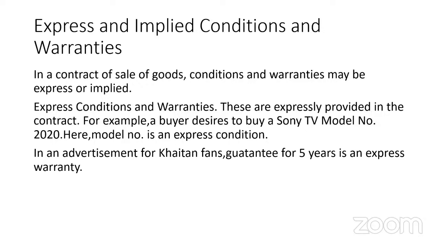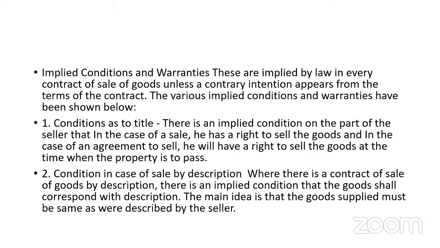So what are express warranties? Whenever you buy something, the model number is given there. Or if you're buying a laptop, the hard disk capacity and all those things are given. Those are express conditions. Similarly, the warranty, 5 years warranty, 3 years warranty, is clearly given on paper. So they are known as express conditions and express warranties.